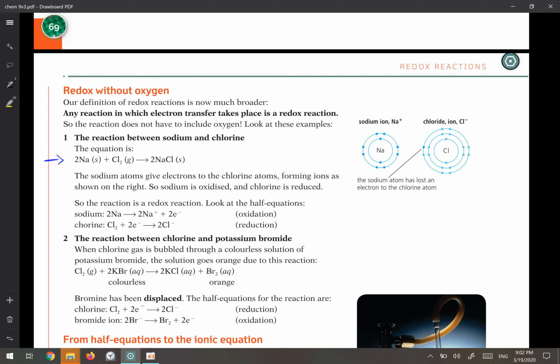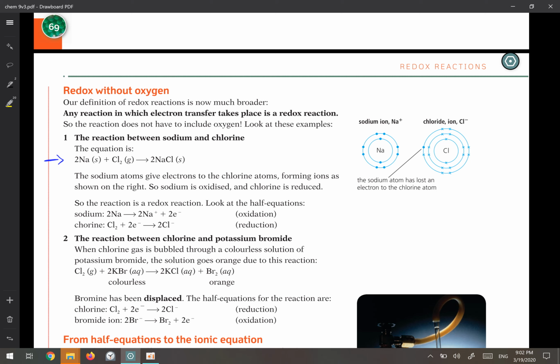So how can we say which one is oxidized and which one is reduced? The new definition is based on the transfer of electrons. You have to check which reactant has lost electrons and which has gained electrons. The one which lost electrons is oxidized, and the one which gains electrons is reduced.